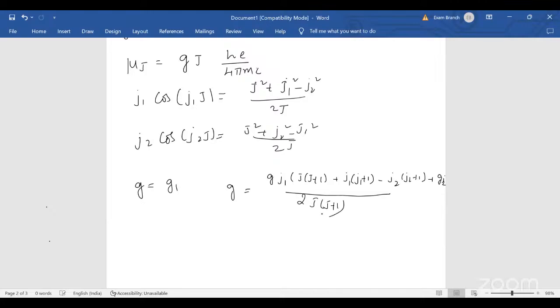So whatever we have got, that equation, G is equal to G1 into J square plus J1 square minus J2 square. If you multiply all these, you are going to get the same thing.